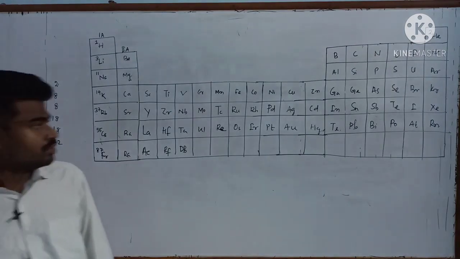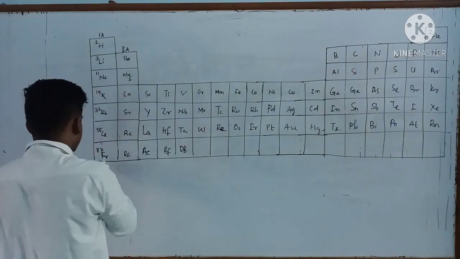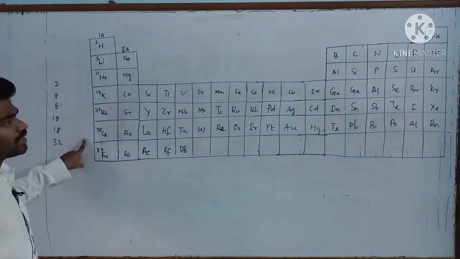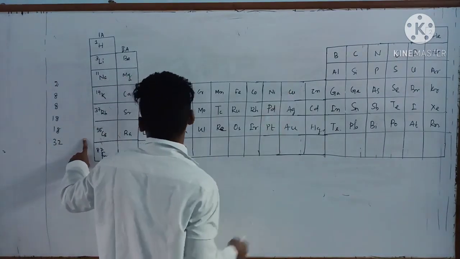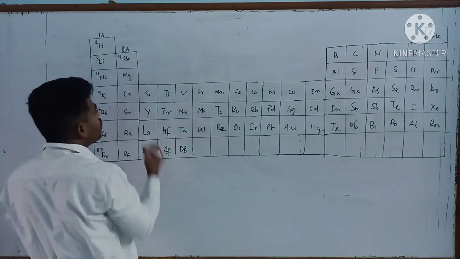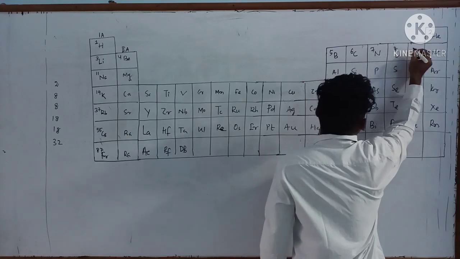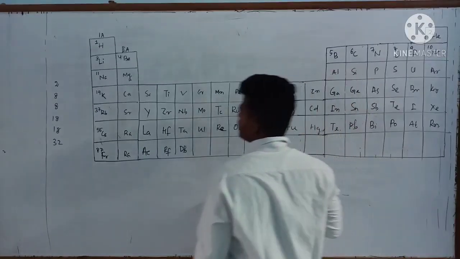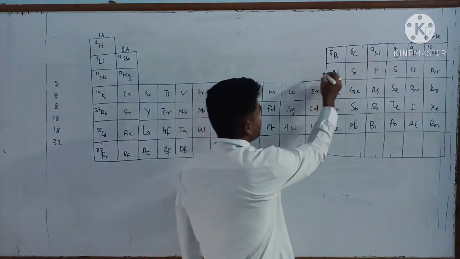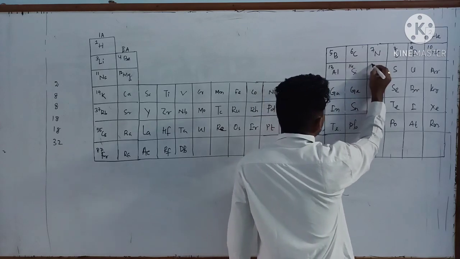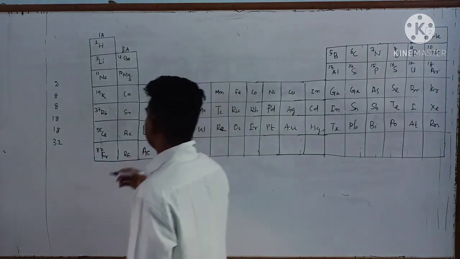So if you mention the atomic numbers of these elements, it's very easy. You can apply this technique, that is addition of magic numbers, or you can proceed like this: hydrogen 1, helium 2, 3, beryllium 4, boron 5, 6, 7, 8, 9, 10. Next 11, 12, 13, 14, 15, 16, 17, 18. This is 19.